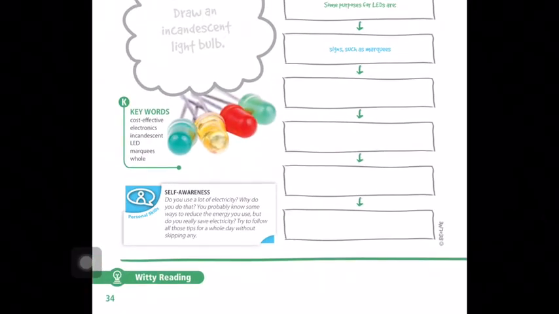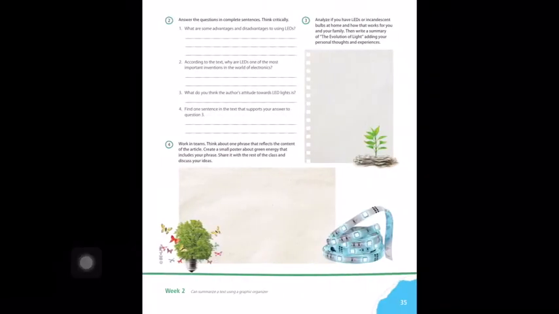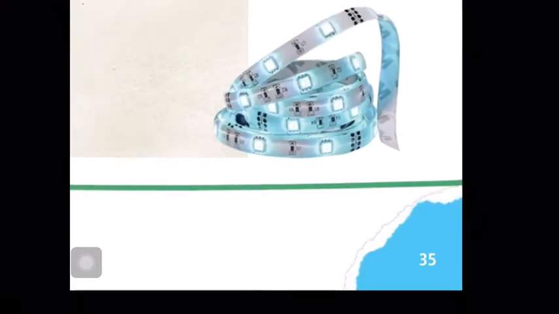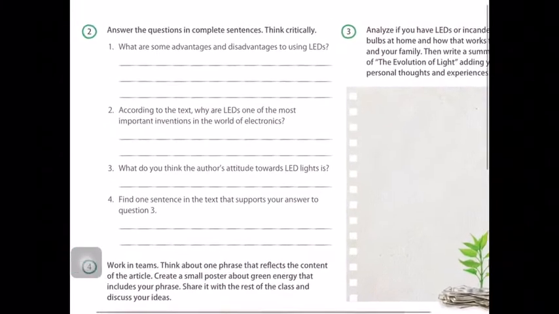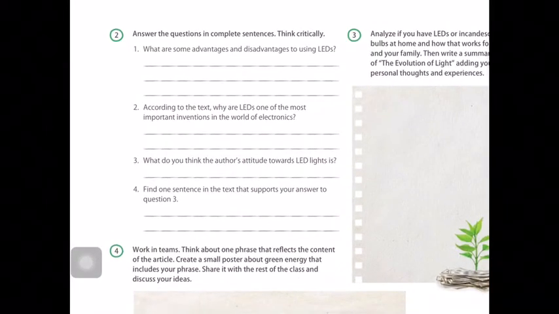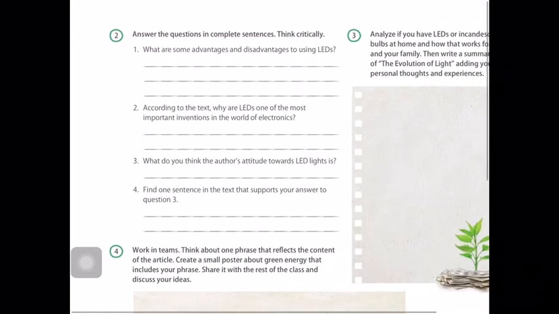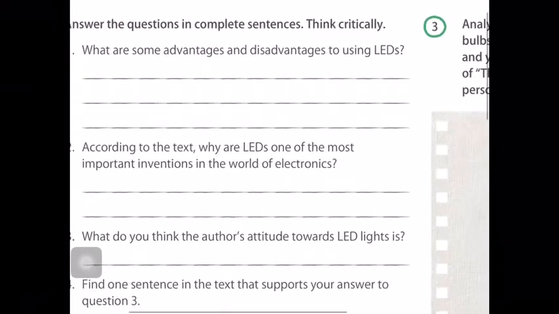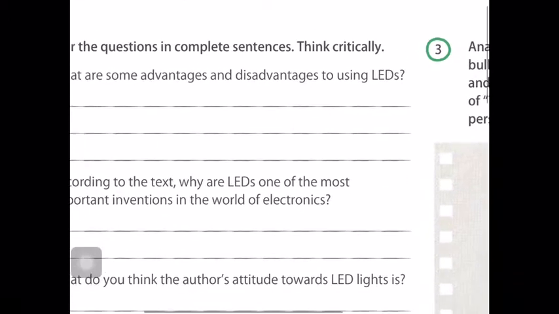Okay, very good. Now we continue to page 35. On page 35, it says answer the questions in complete sentences. Think critically. What are some advantages and disadvantages to using LEDs? You are going to write some advantages and disadvantages of using the light emitting diodes.